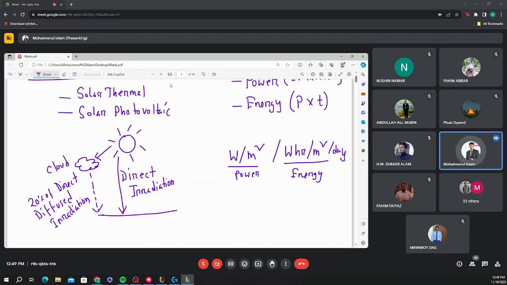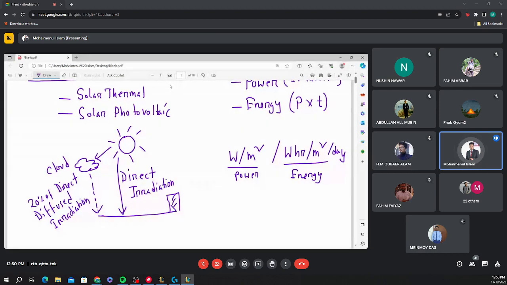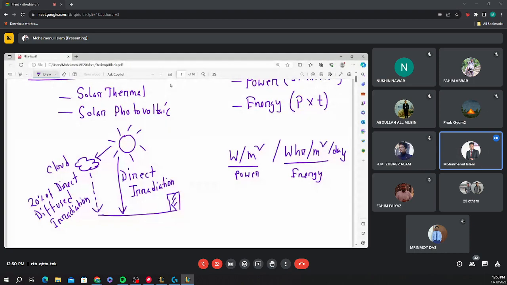So one is direct irradiation, another is diffused irradiation, and some of the sunlight is reflected components. Suppose you have some building here, or some types of material is laying on the ground, so that can also reflect back some irradiation to the surface of the earth.